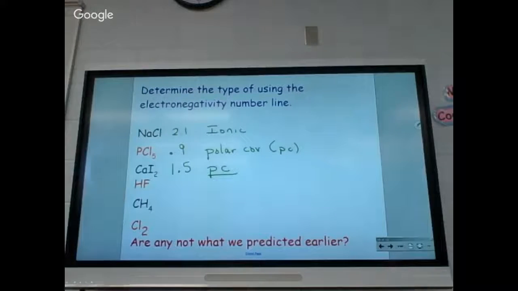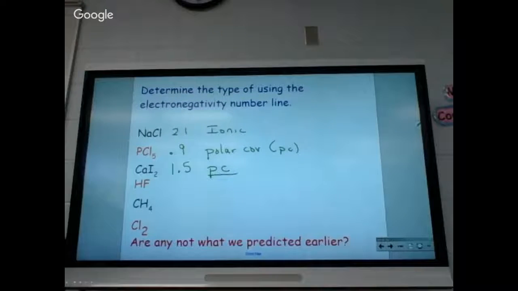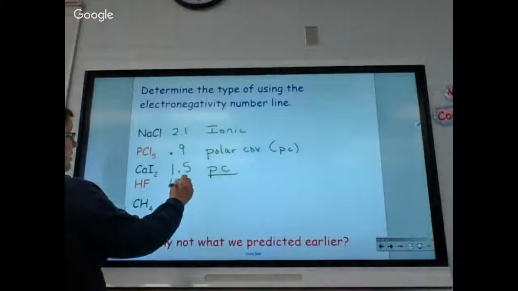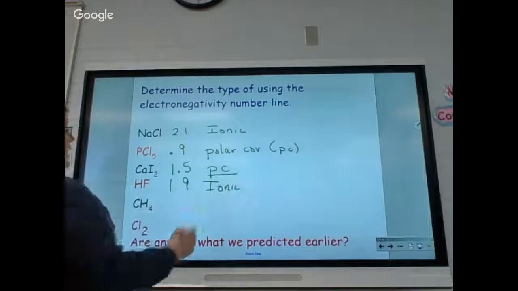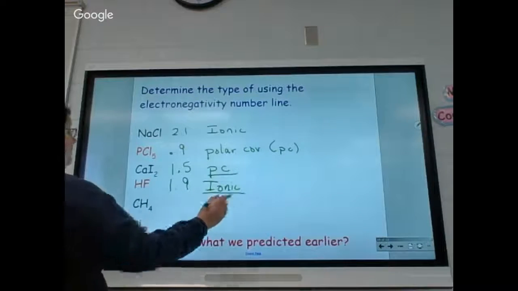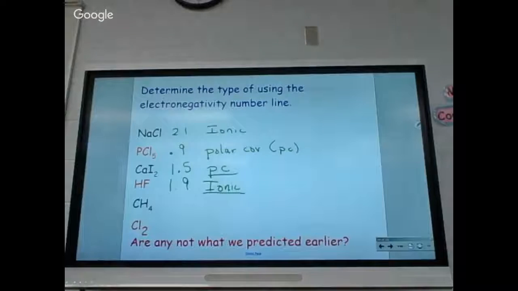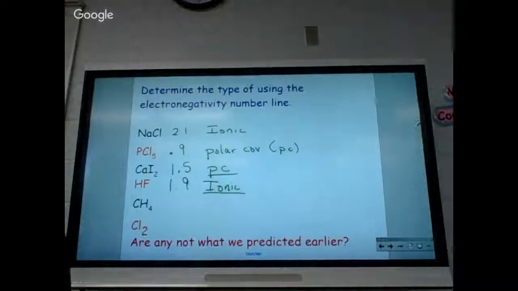All right, what about HF? What'd you get there? 1 point what? So that would be what? And yesterday, we said that was what kind of bond? You said it was covalent because it was two nonmetals. That's another one that we would not predict right using the periodic table.